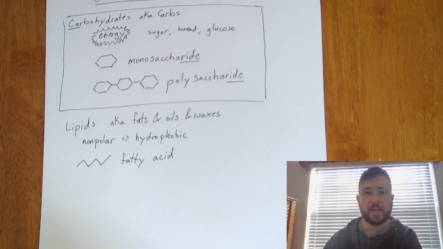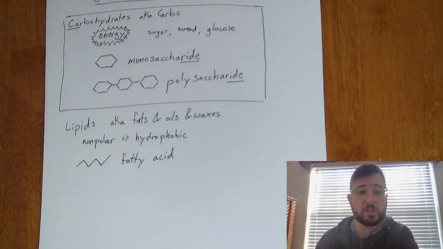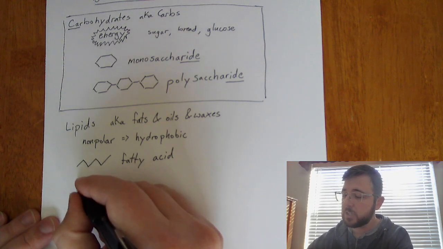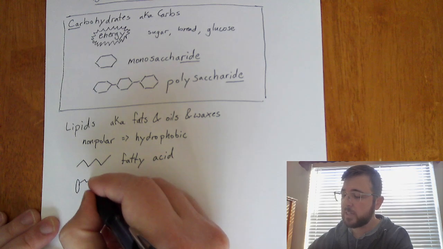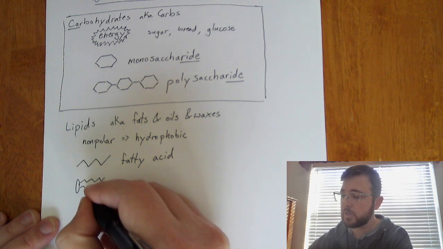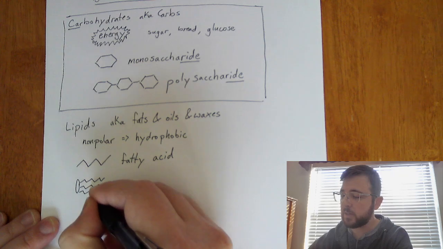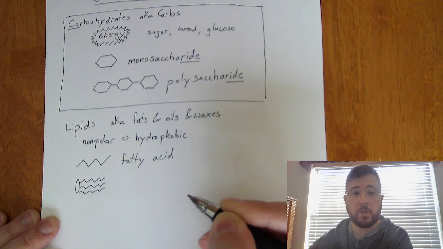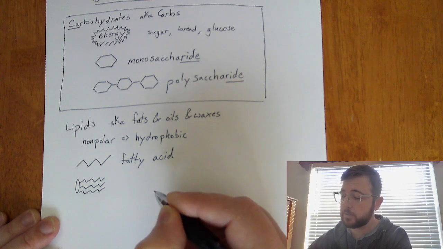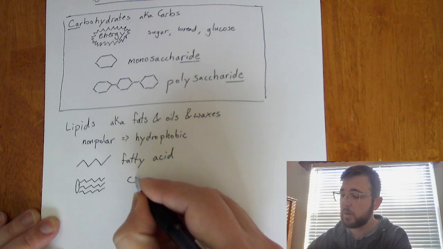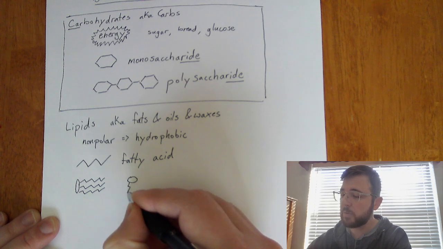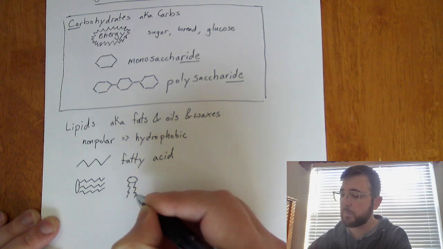Okay, a fatty acid. You can group a bunch of fatty acids together, connecting them with a glycerol to get a triglyceride. So you can see all of those fatty acids there. Or for the case of our membranes, you can group them together with a phosphate group and get a phospholipid.